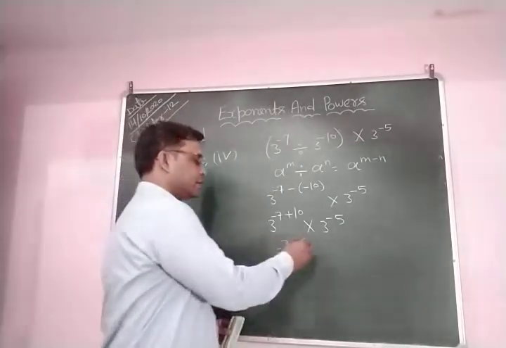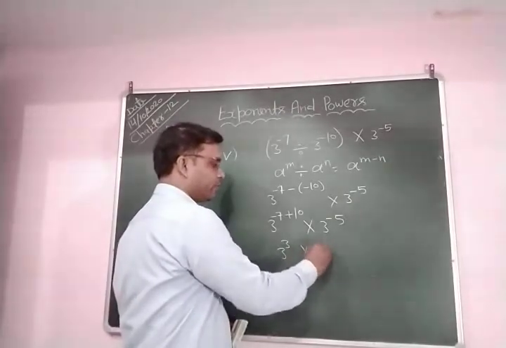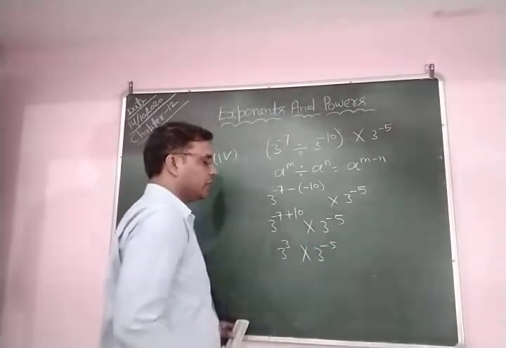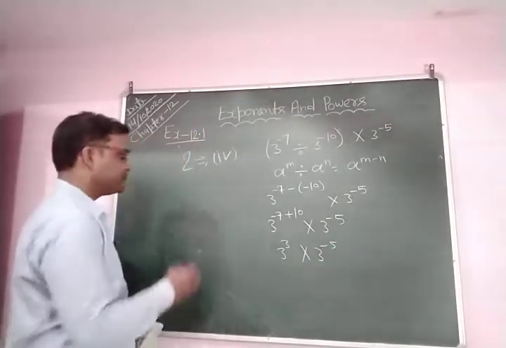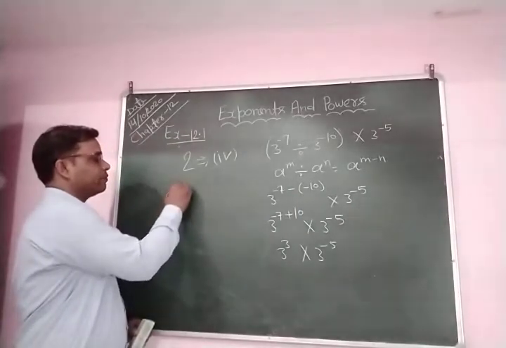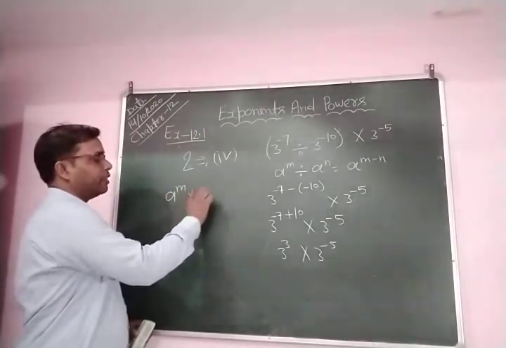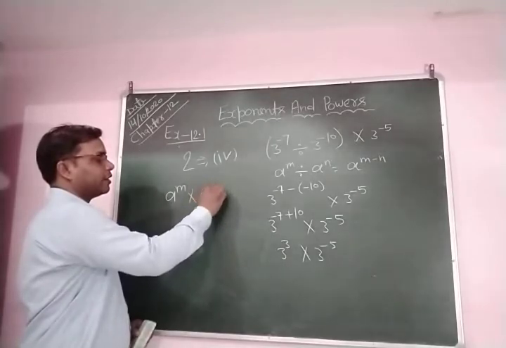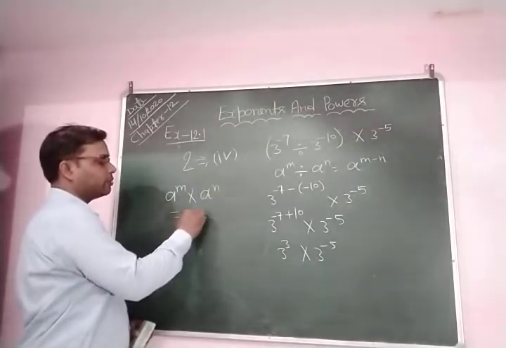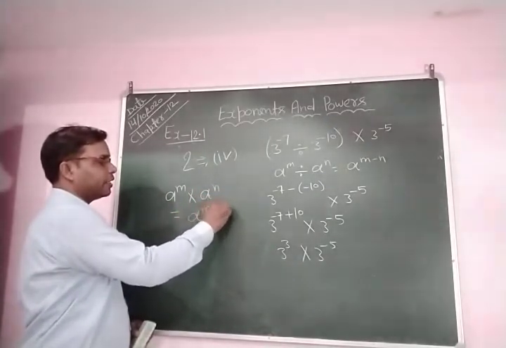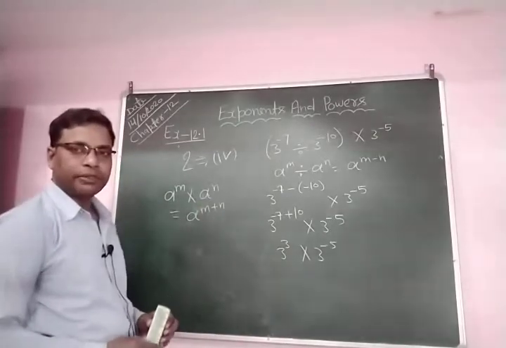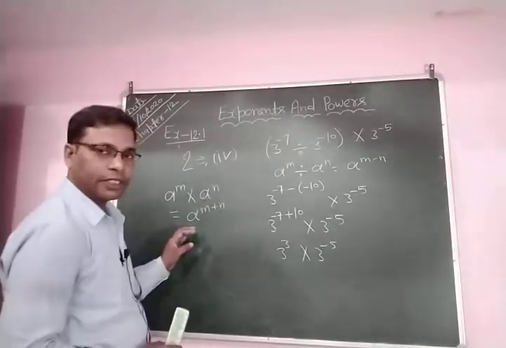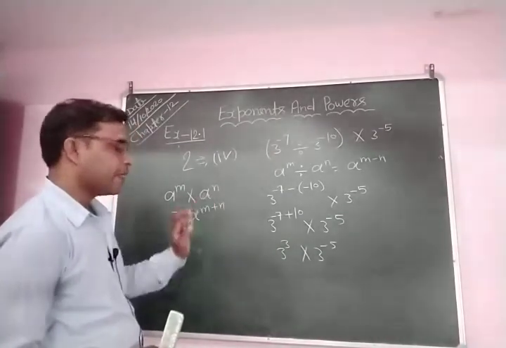And here this is into 3 power minus 5. So which rule do you use here? A to the power m into a to the power n is equal to a to the power m plus n. If bases are the same and it is a case of multiplication, then their powers will be added.